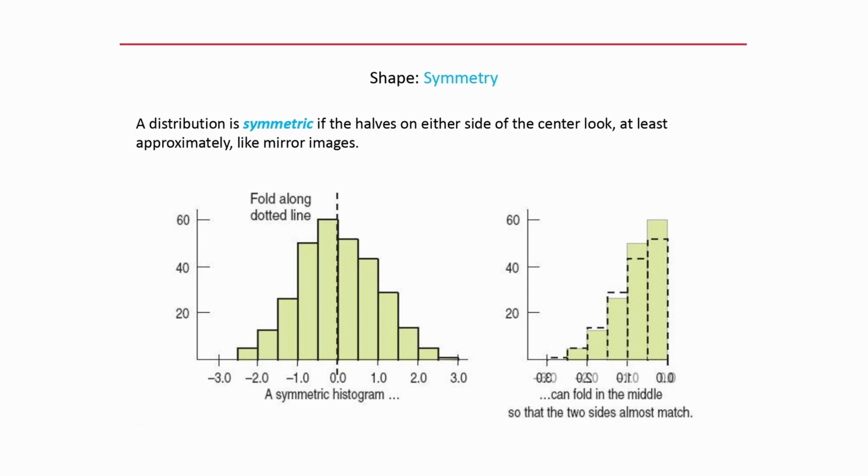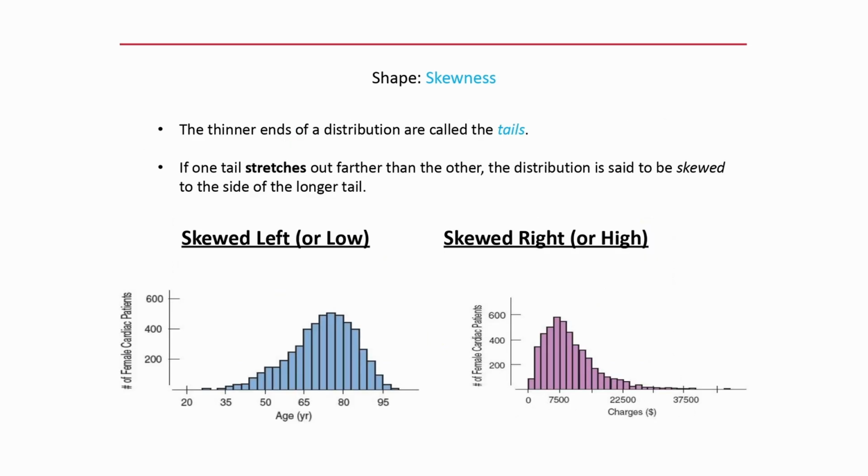If the halves don't generally match up with each other, then it's likely that you have one of the following two shapes instead. These two histograms shown here, left and right, are not symmetric. They have what we call tails, the thinner ends of the distribution. On the graph on the left, there's a tail that shoots out to the left. And on the graph on the right, there is a tail that shoots out to the right.